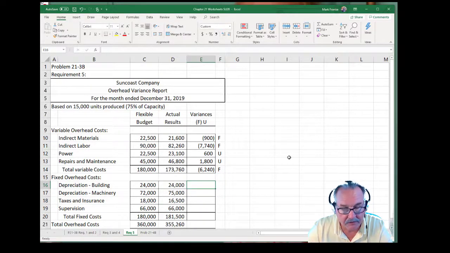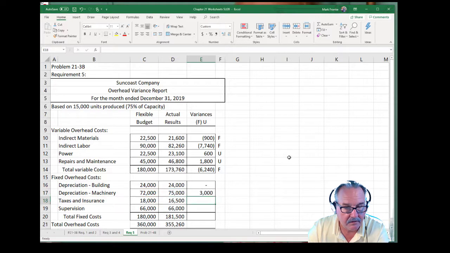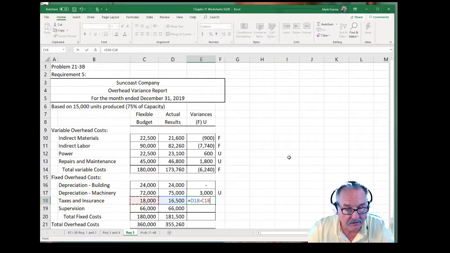For the fixed costs, same thing. Take what we actually spent, subtract our plan, and if the number is positive, that's an unfavorable variance.